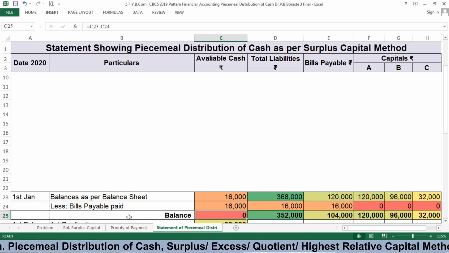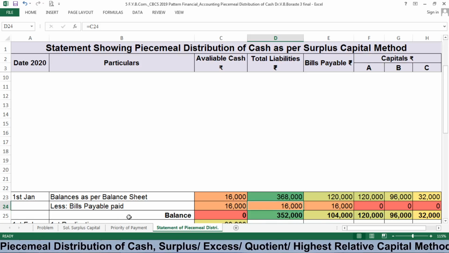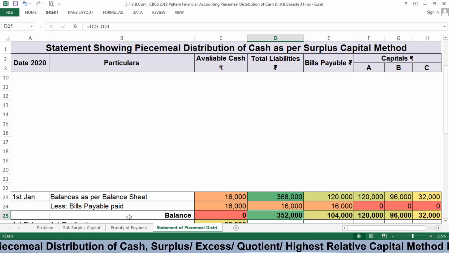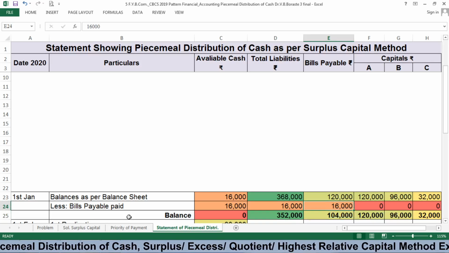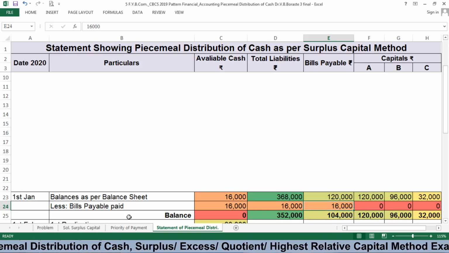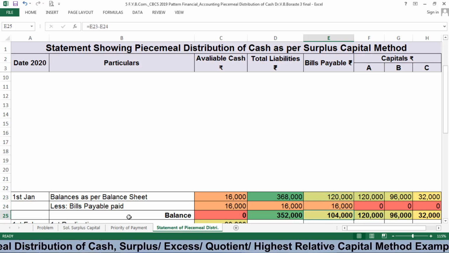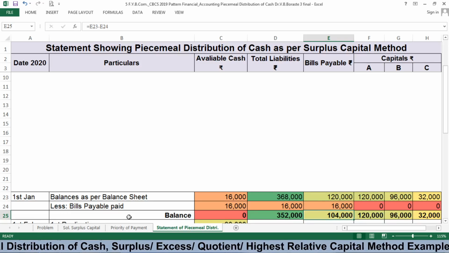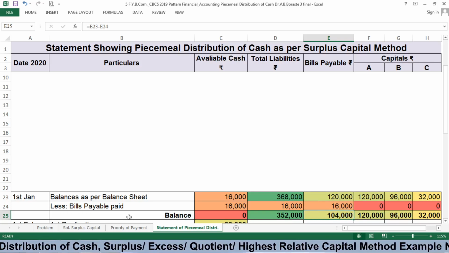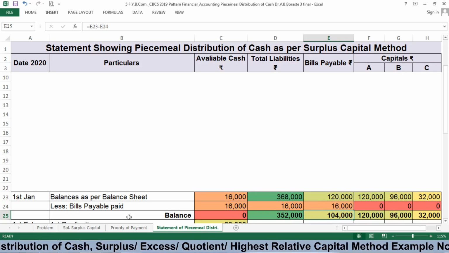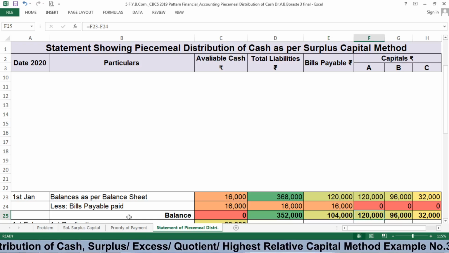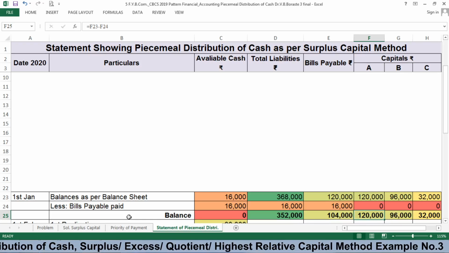Cash will be 0 because we had 16,000 in hand and we paid 16,000. Total liability will be reduced by 16,000, and bills payable will be reduced by 16,000. Out of 1,20,000 we paid 16,000. That means we now have to pay 1,04,000 for bills payable, and capital will remain the same because we did not pay a single rupee to them.